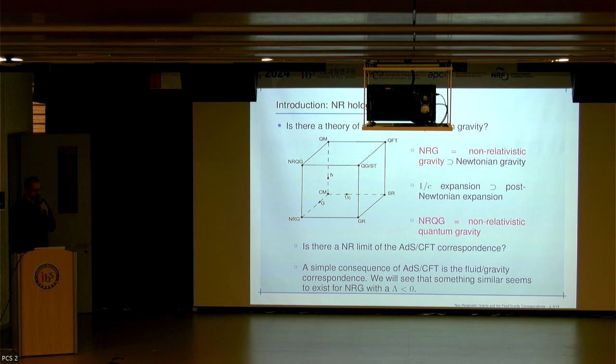And we have quite a lot of circumstantial evidence to suggest that actually the correspondence survives that non-relativistic procedure in one way or another. So if you believe in the AdS/CFT correspondence, then a consequence of that is what we call fluid gravity, which is the long wavelength regime of the AdS/CFT duality. So the very obvious question now to ask is, is there something like fluid gravity for non-relativistic gravity? And that's more or less what we're going to talk about.